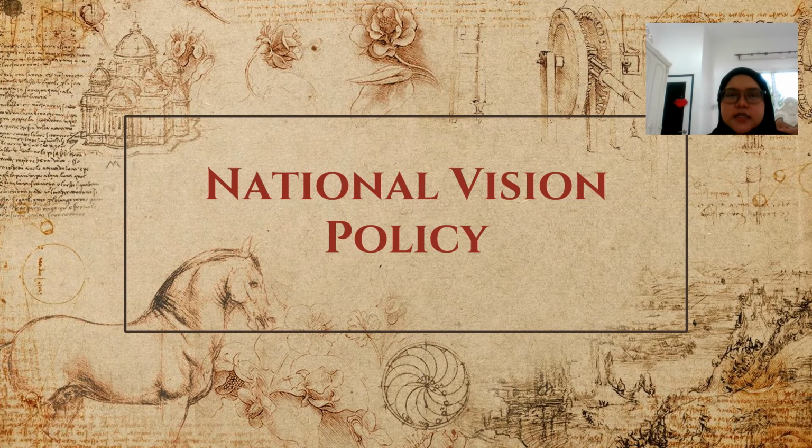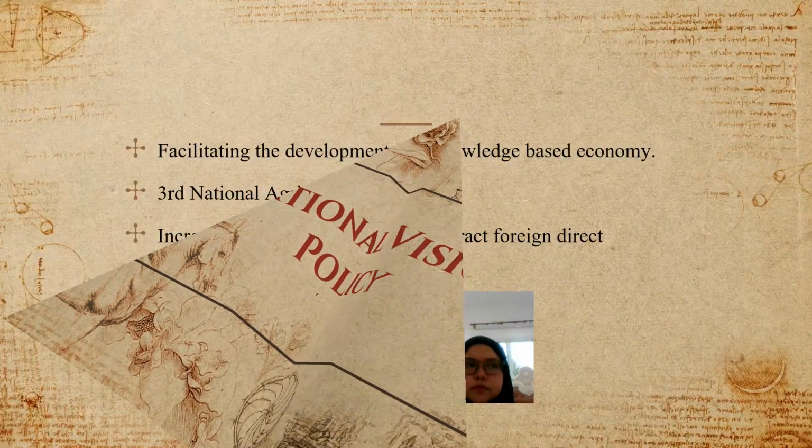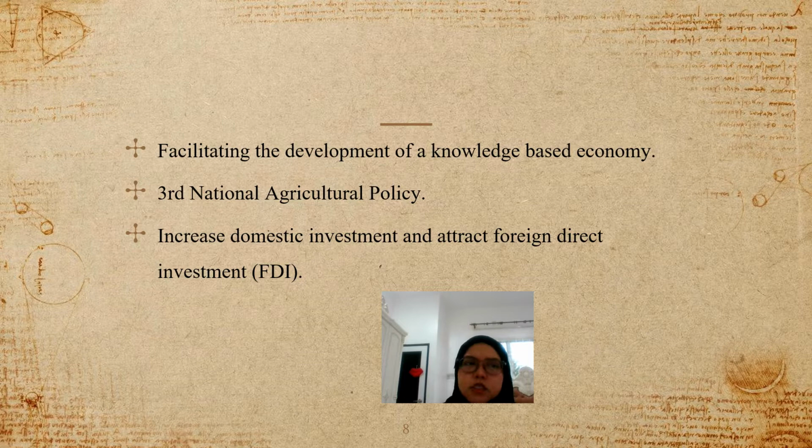Now let's look at the National Vision Policy. The main objective of the National Vision Policy is to achieve national unity. One of the goals of NVP is to facilitate the development of a knowledge-based economy. The National Vision Policy, which also covers the National Agriculture Policy, relocates the agriculture sector as the engine of the country's economic growth, and thus enlightens the development prospect of Malaysian farmers.